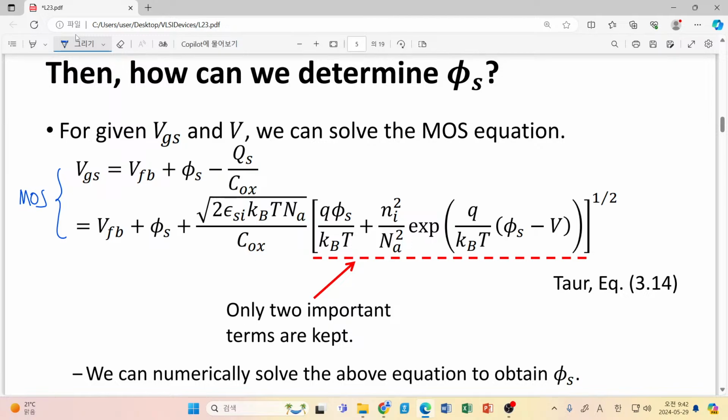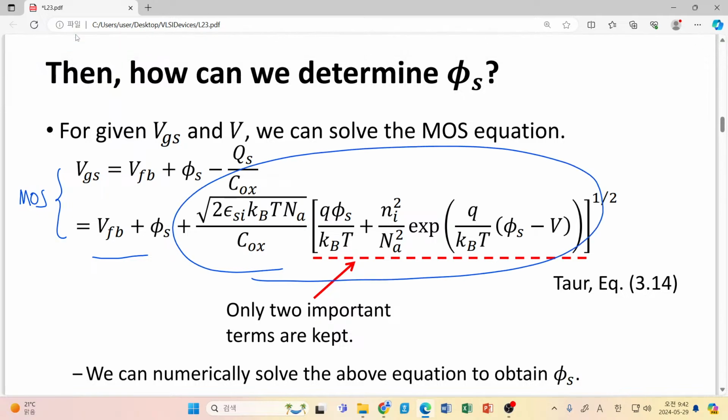So please note that this is just a typical one, and this part corresponds to the QS, our silicon charge, of course normalized by Cox, and it looks so simple. Why do we have such a simple expression, this red dashed line?